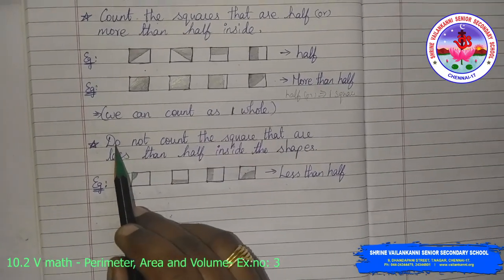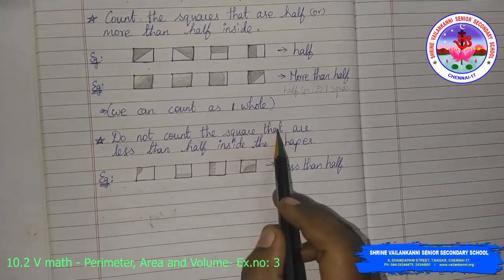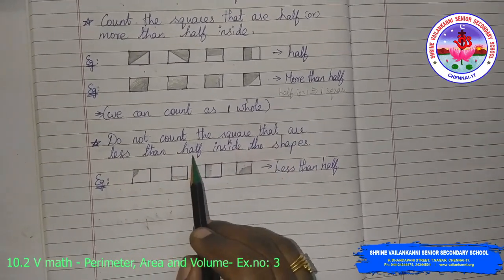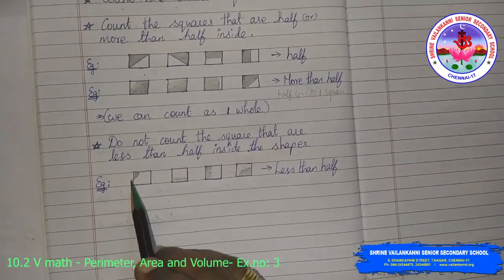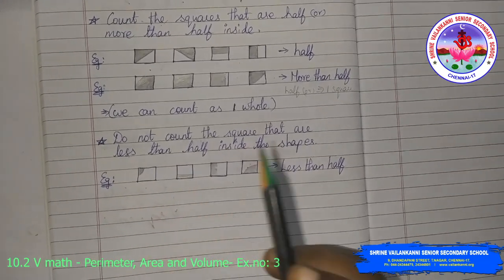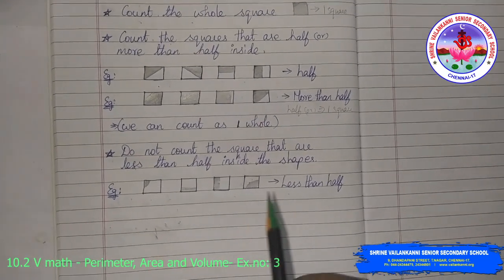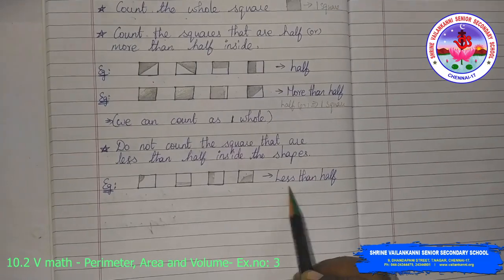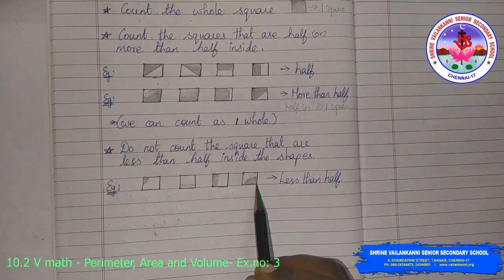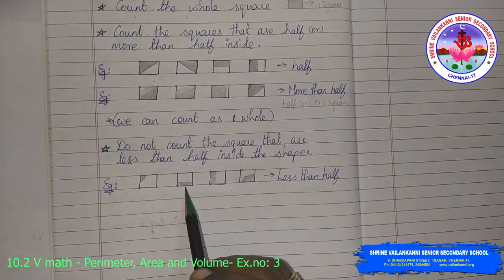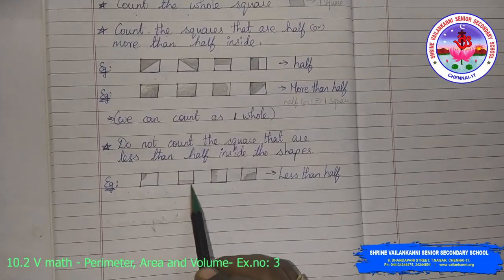The third one: do not count the squares that are less than half. That is, the square boxes that are shaded lesser than half, you need not count. These are some examples of squares colored less than half.